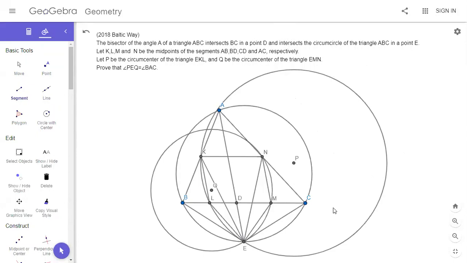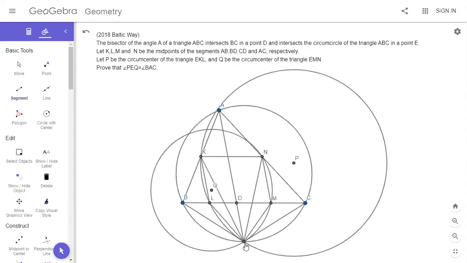So we want to show angle BEK. I guess we could show BEL is equal to LKE. So yeah, it's probably stuff on medians, I would guess. Let me see if there's an easier way to prove it. So we want to show angle BEK is equal to angle KAE.